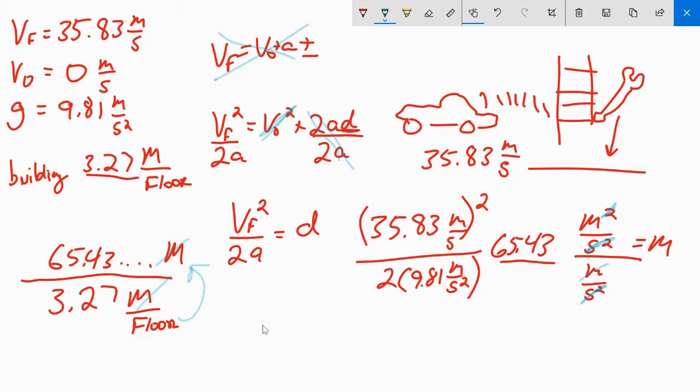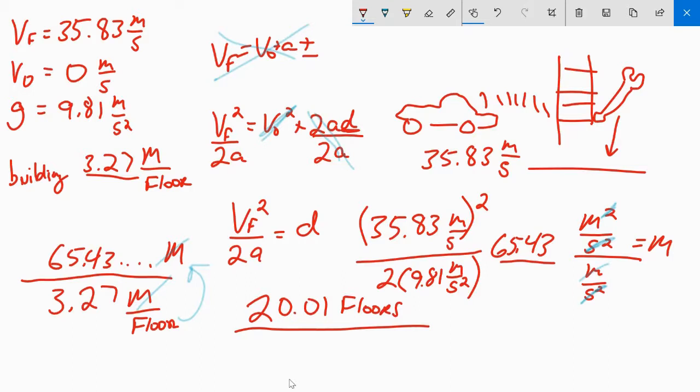So 65.43266565 and so on, divided by 3.27, and I get 20.0099 and so on. Well, so that rounds out to 20.01 floors.